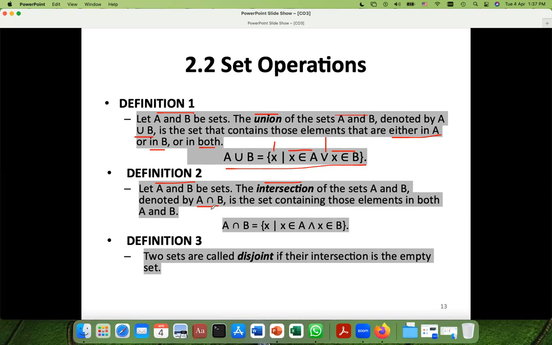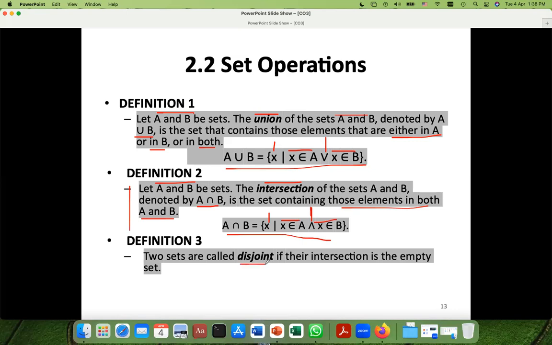So this set will contain those elements which exist in both sets, A and B. The elements which exist in A and also in B, they are the intersection of those sets. And mathematically, you can write it here, and only the AND operator is between them. It can contain elements X, and X must belong to A and X must belong to B. That is a compulsory condition. Anyhow, I hope that you already know that.